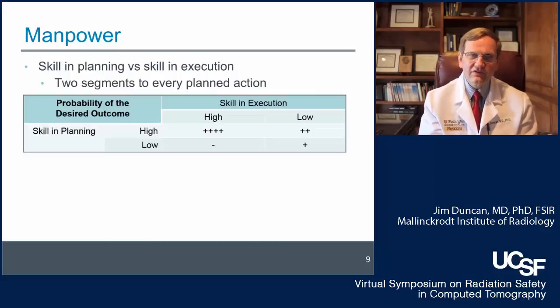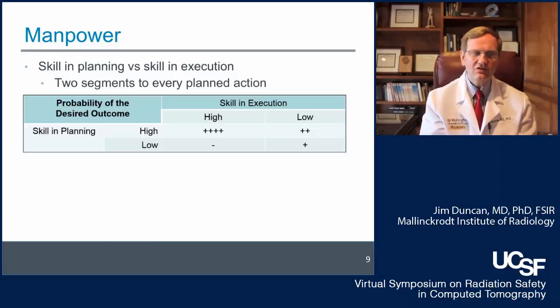Talking about manpower gives me an opportunity to talk about the difference between planning and execution. Psychologists that study movement would say that every voluntary movement has two phases. The first is planning, and the second is execution.